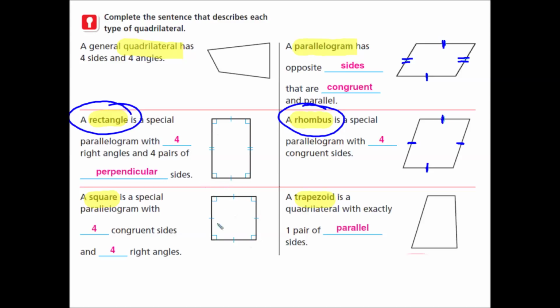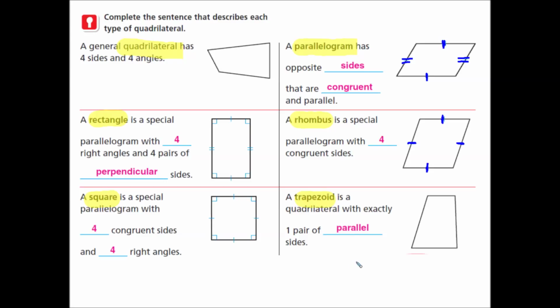It has four right angles, so it's a rectangle, and it has four equal sides, so it's a rhombus also. So a square is a quadrilateral, parallelogram, rectangle, rhombus, and square. A square is a parallelogram with four congruent sides and four right angles.